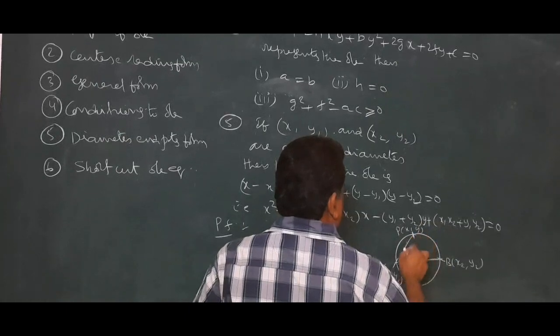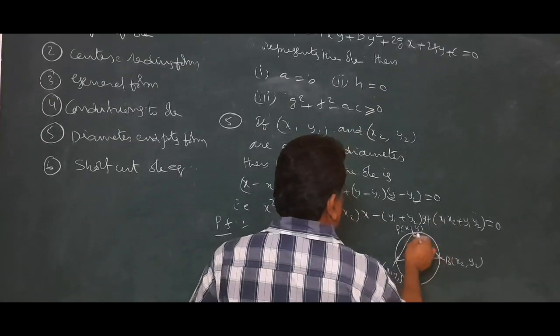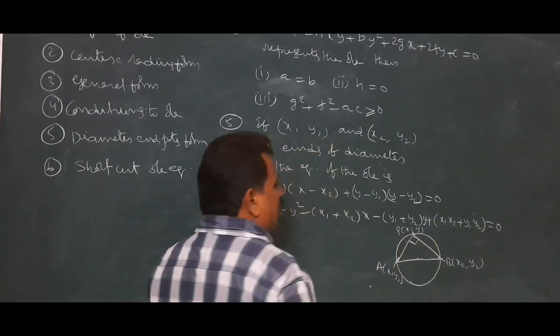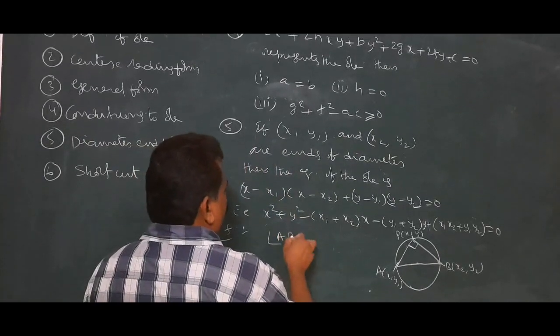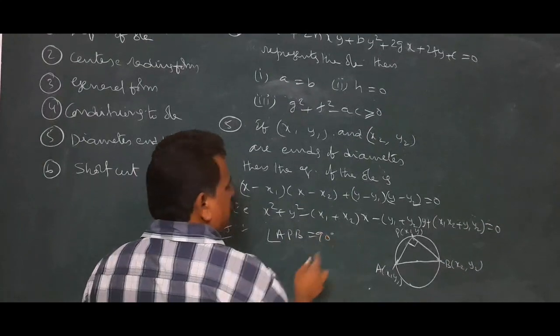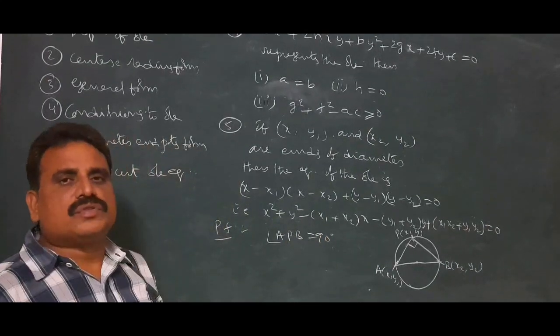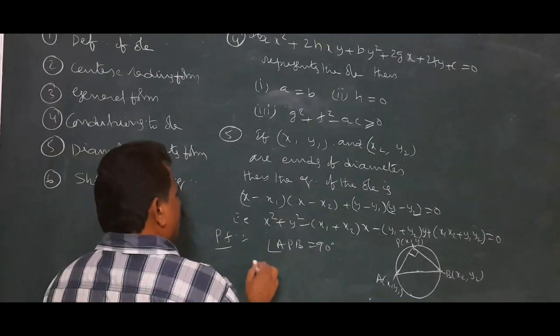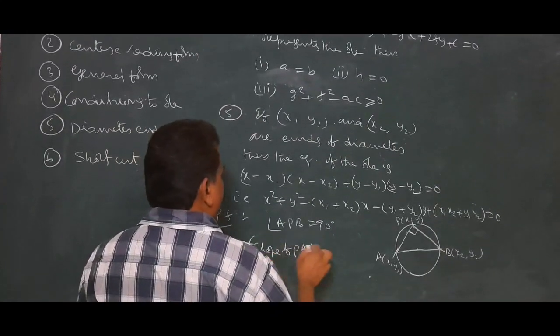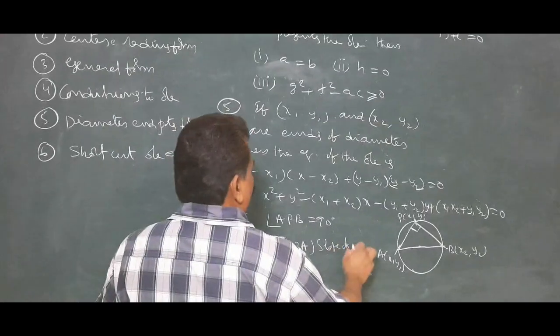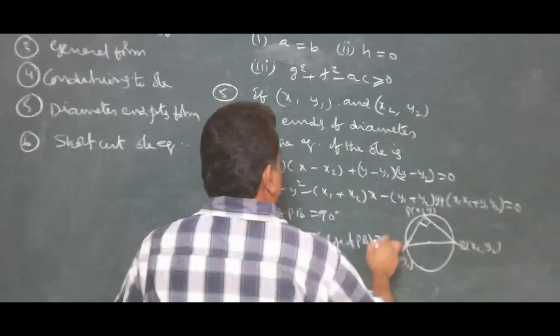Definitely the angle APB is 90 degrees, because that is the angle in a semicircle. So the product of slopes is minus 1: slope of PA into slope of PB equal to minus 1.